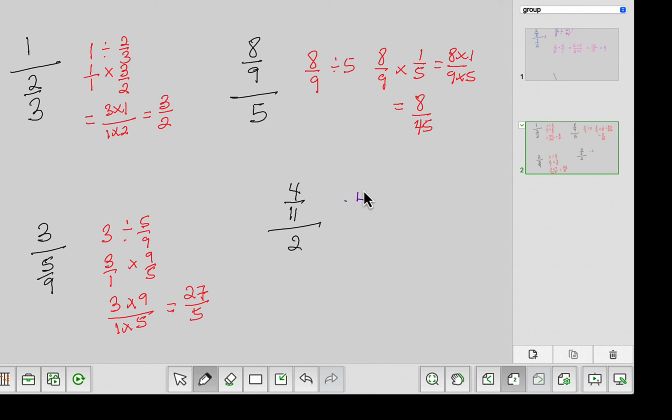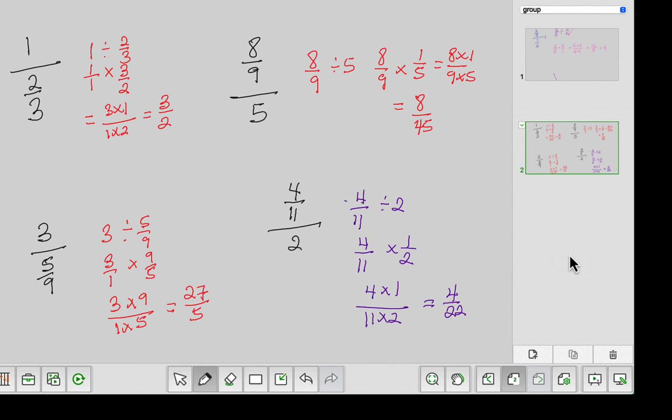So let's do the last one. You have 4 over 11 divided by 2. And so this is 4 over 11 times 1 over 2. And this is going to be 4 times 1 over 11 times 2. And this will wind up as 4 over 22. Remember what we said, you can reduce this fraction.